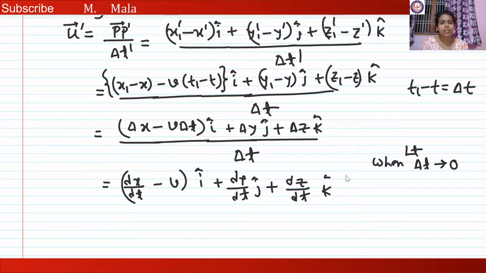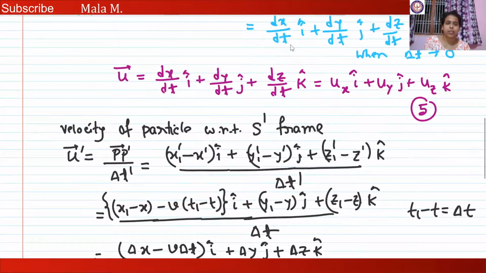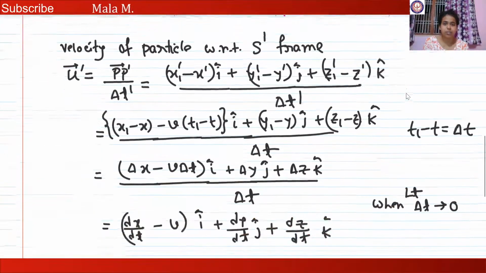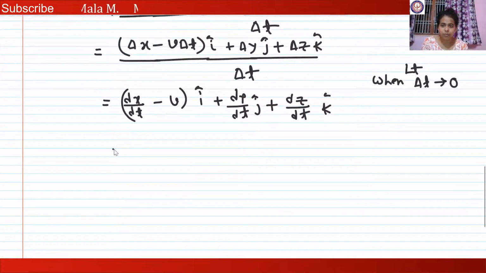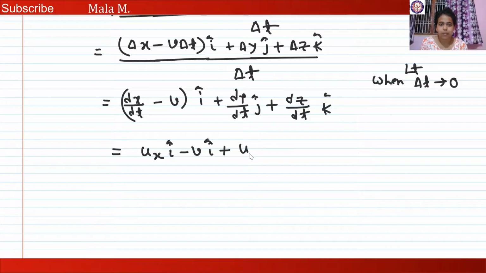Now dx by dt is nothing but ux, dy by dt is nothing but uy, and dz by dt is nothing but uz. So if we just put it down, ux i cap minus v i cap plus uy j cap plus uz k cap.